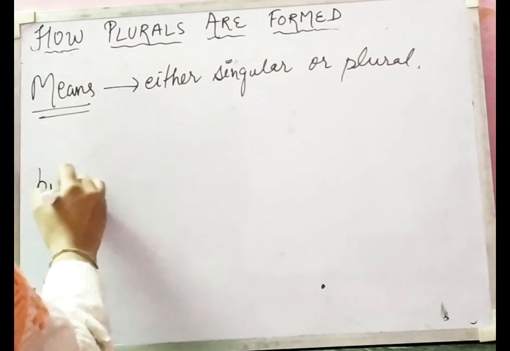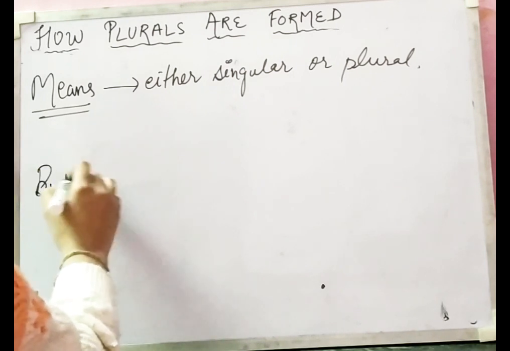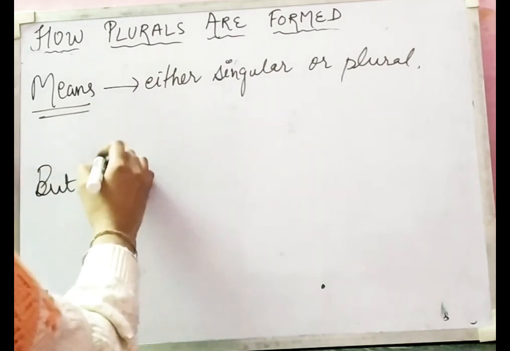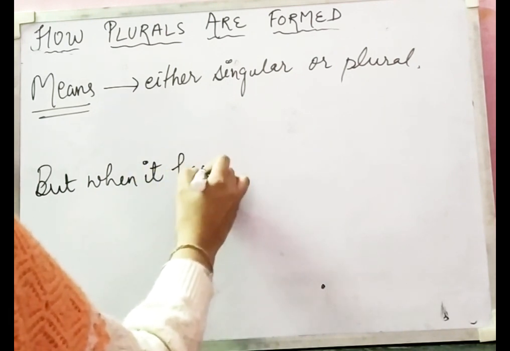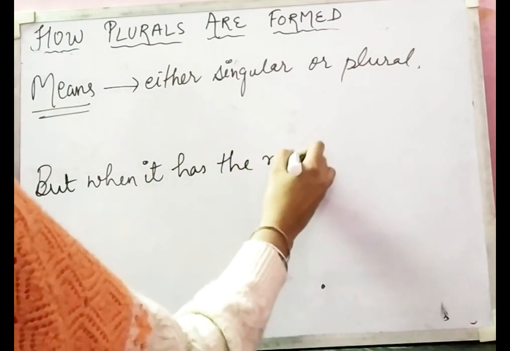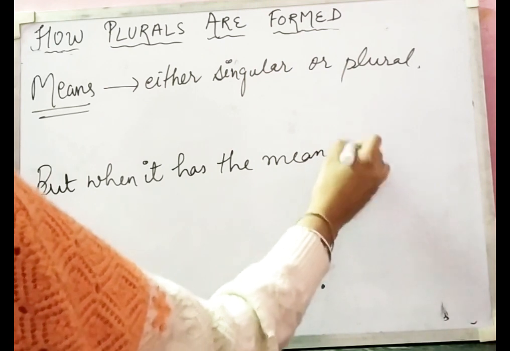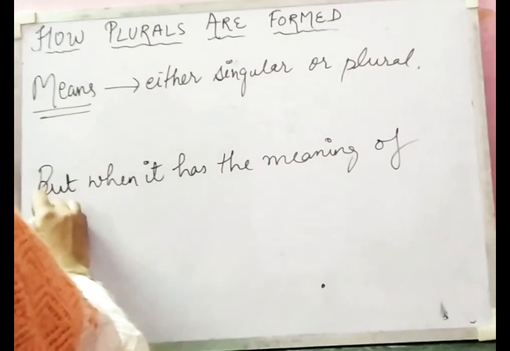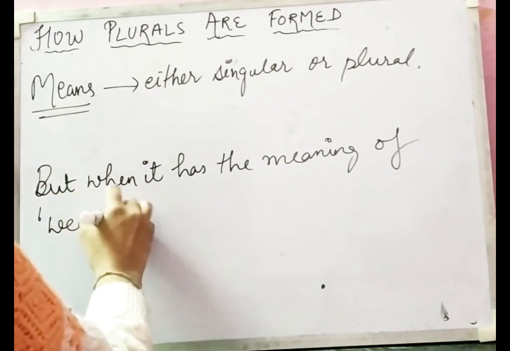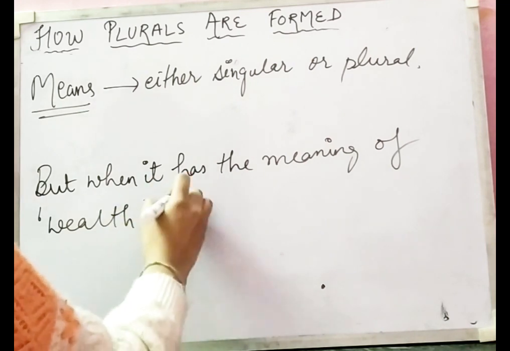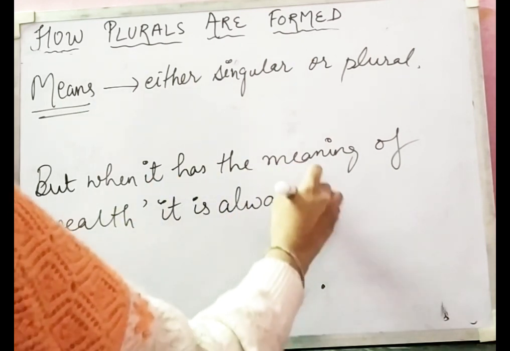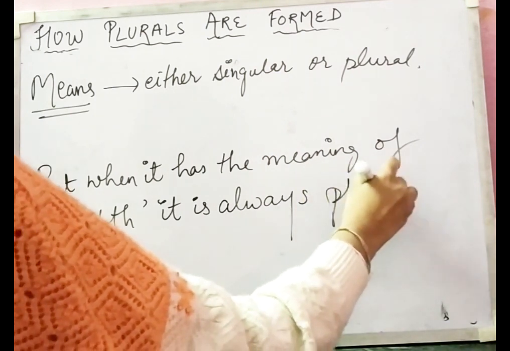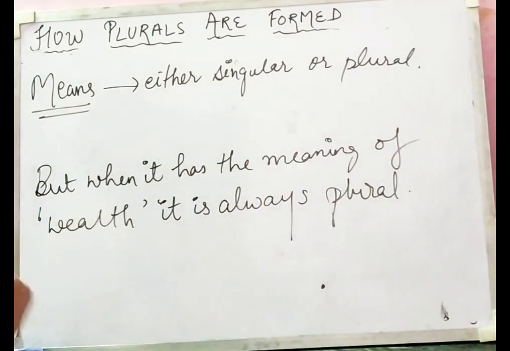Let me write this also. But when it has the meaning of wealth, it is always plural.